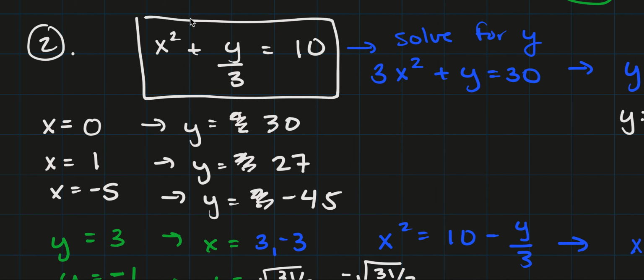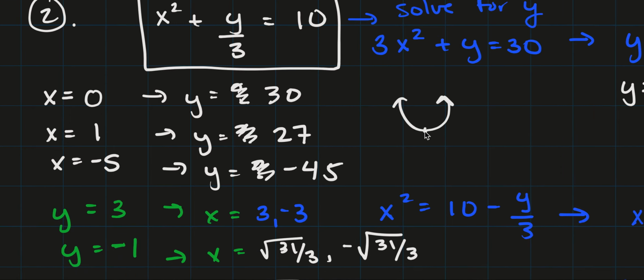And this equation we're going to see is a parabola, and a parabola looks something like this. And you can see that for every y value, you'll have 2 x values. So wherever this is located, you're going to have 2 x's for every y value.